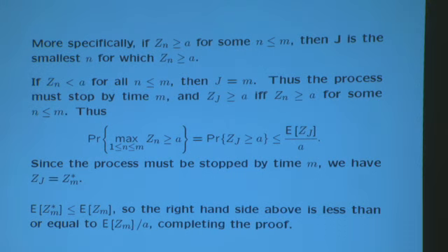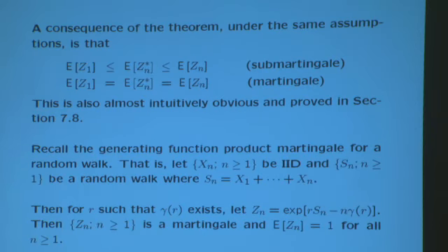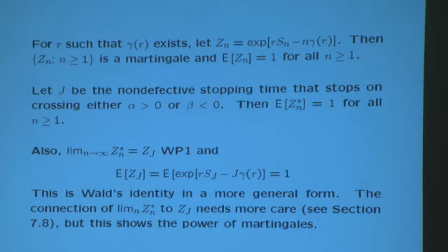Since the process must be stopped by time m, we have Z sub J is equal to Z sub m star, the stopped process at time m, and the expected value of the stopped process is less than or equal to the expected value of the original process. Why is that? That's that theorem we just proved somewhere. Yeah, this one here, okay? That's the submartingale consequence.